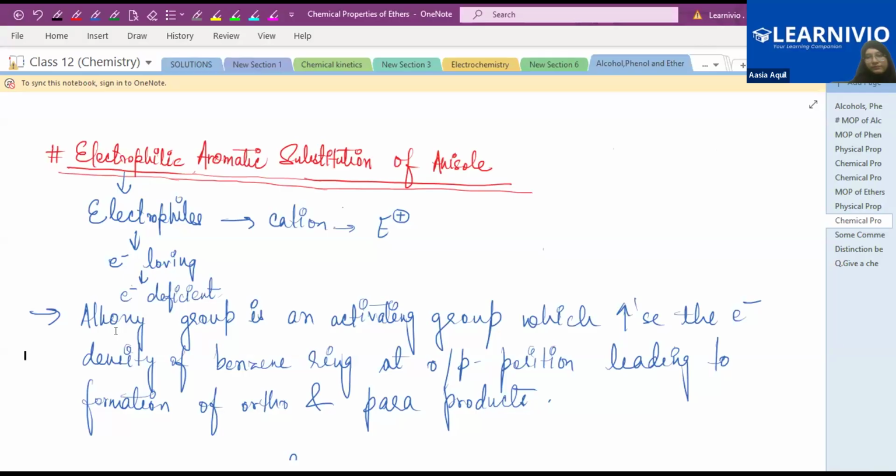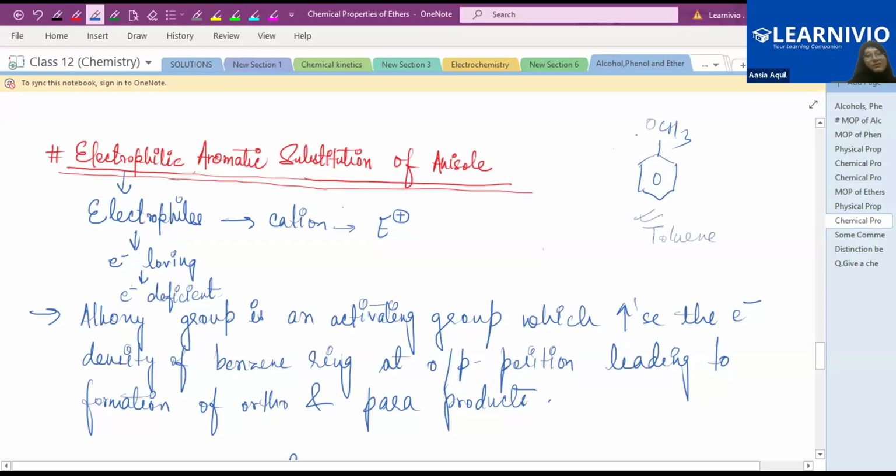Phenol with CH3. Not phenol with CH3. If you say phenol, phenol means this. Phenol with CH3 is not correct. Benzene with CH3, this is a benzene ring with CH3, that is toluene. If you say benzene with CH3, it is toluene, it is not anisole.